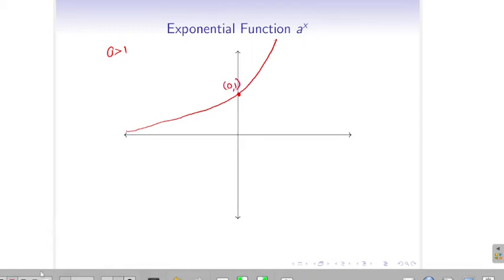And when the value of this a is greater than 0 and less than 1, the graph goes something like this. This is again asymptotic, and the point is the same, 0, 1. So these are the graphs of exponential functions.